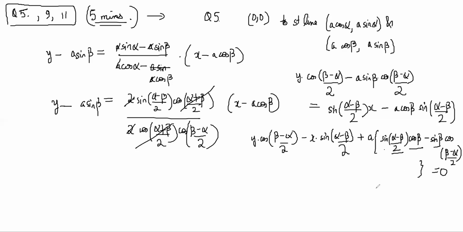So that is sine A minus B, which is sine of alpha minus beta by 2 minus beta, right? So you get sine alpha minus 3 beta by 2.